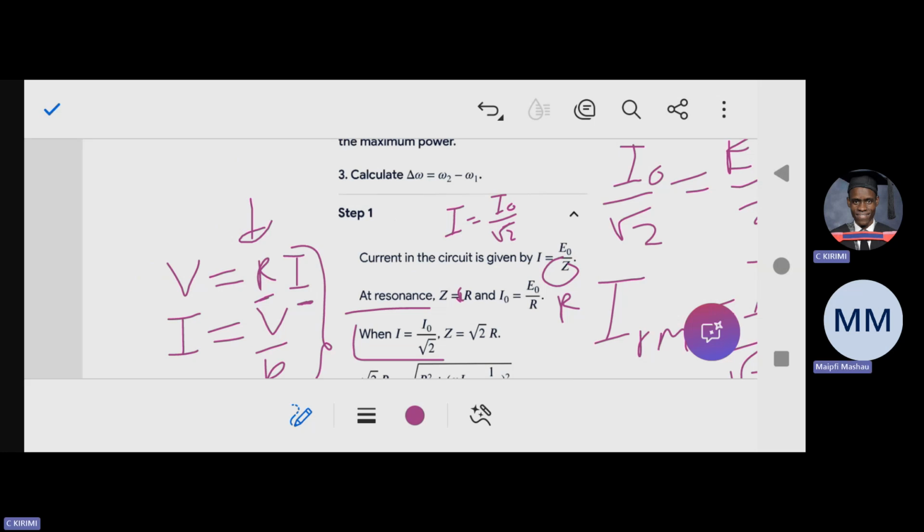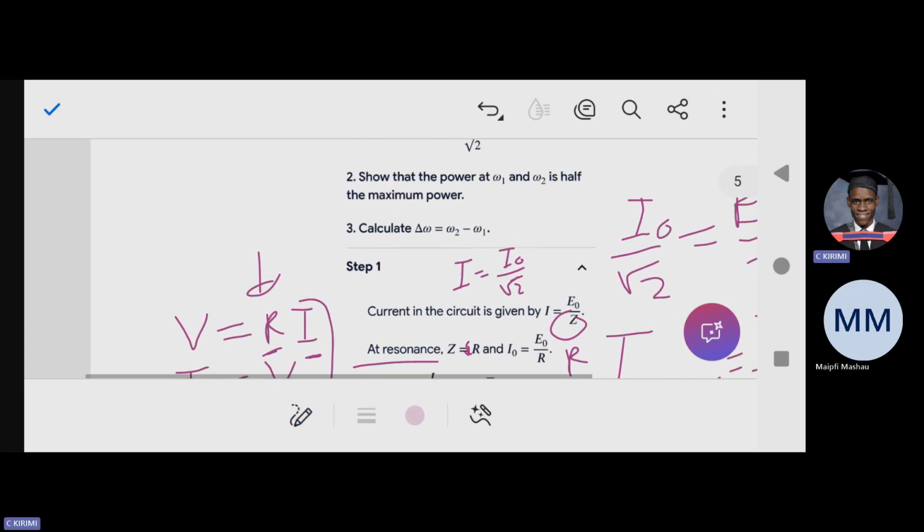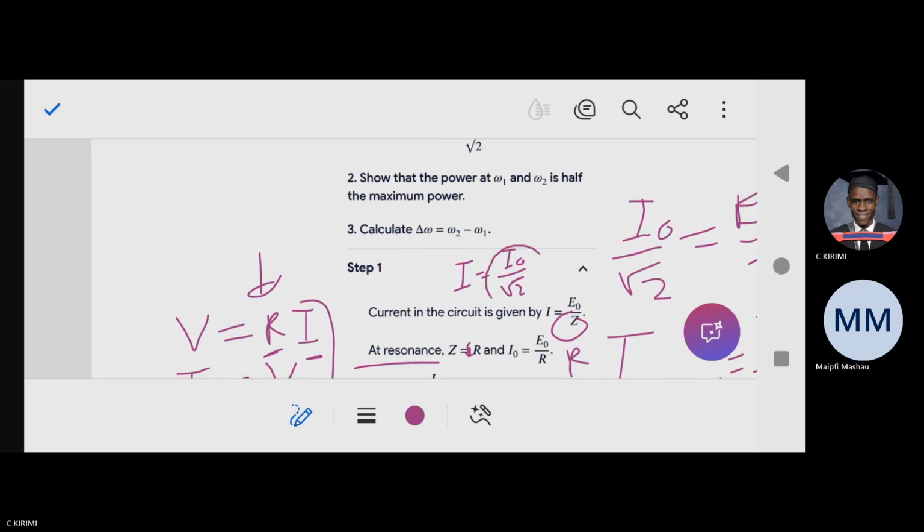So if you divide this I by root of 2, without changing the value of the V, which means I'm not changing the value of the V, my I is going to be I naught over root of 2.